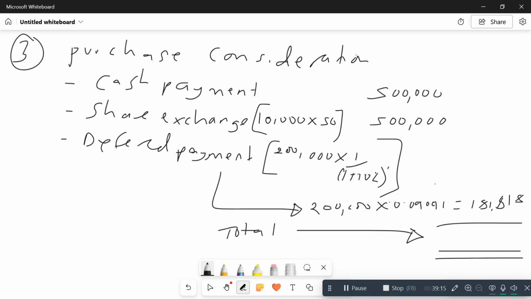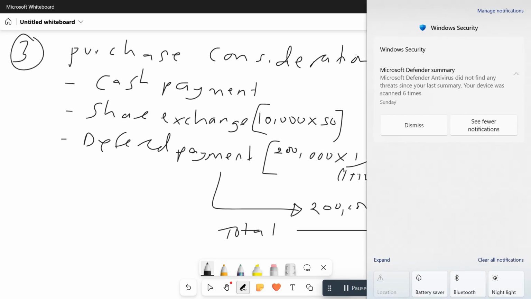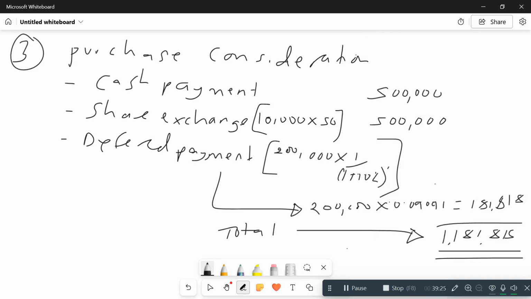Of course, it is 1,181,818. This is going to be our purchase consideration that we are going to use as you are handling the goodwill, if any. Now, purchase consideration, here you see we have our cash.